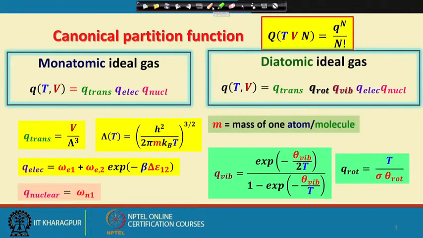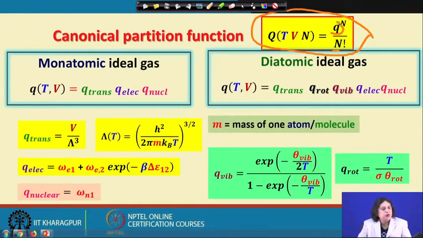And as shown here, this is the expression for the canonical partition function. As you see, in addition to depending on capital N, the number of particles, it depends on small q, the single particle partition function. And we know that for monatomic ideal gases, small q will derive contributions from the overall translational motion of the atom and the underlying electronic and nuclear structure.